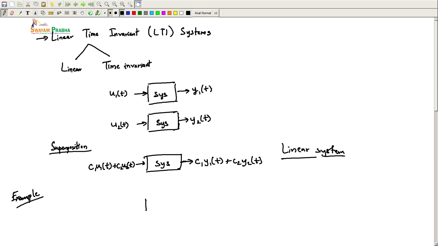So let us look at an example. Let us consider that we apply some input u(t), and the definition of the system is that the output y(t) will be u times sine omega t, where omega is some constant and t is time.